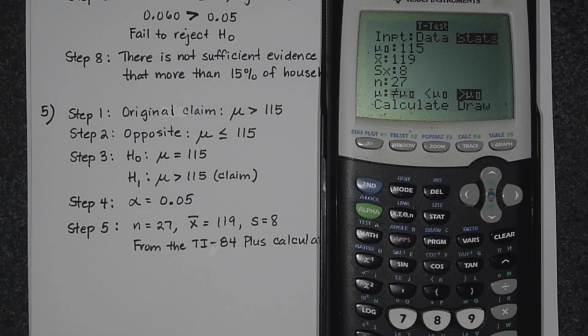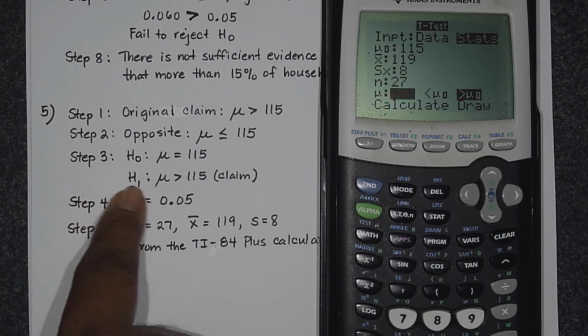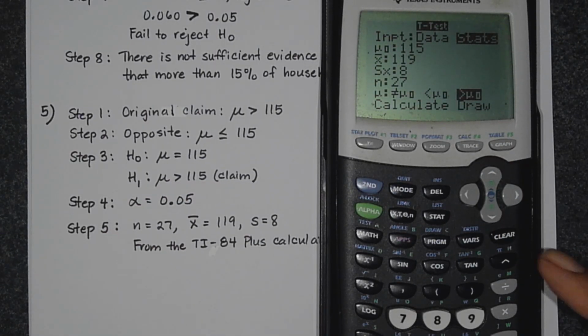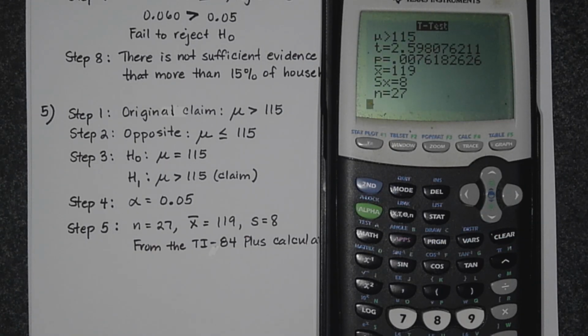In this case, for the mu, we look at the alternative hypothesis, which is greater than. So greater than mu sub 0, we highlight that by pressing enter. Go to calculate, put the cursor on top of it, press enter.